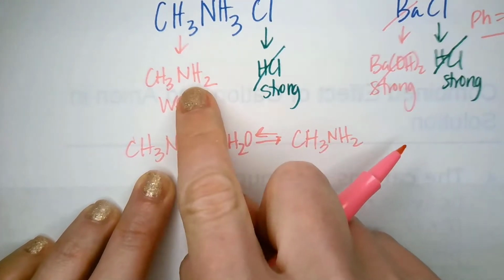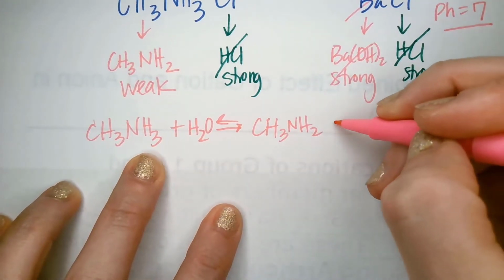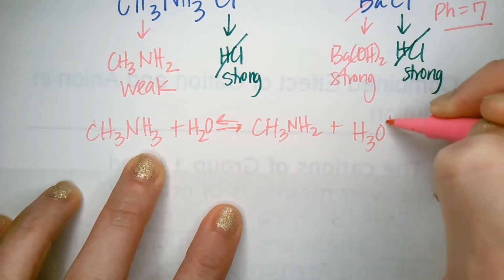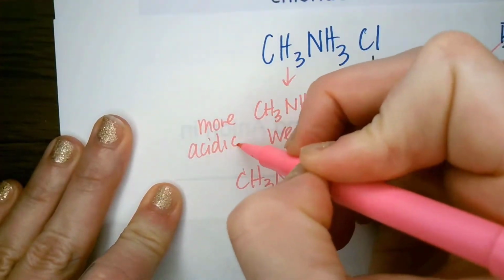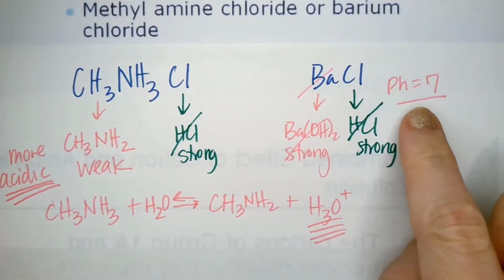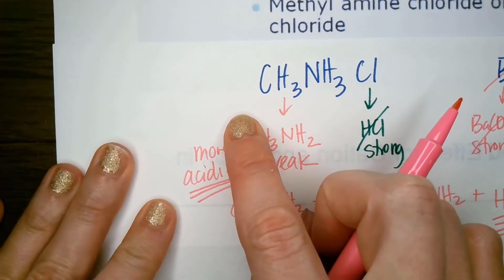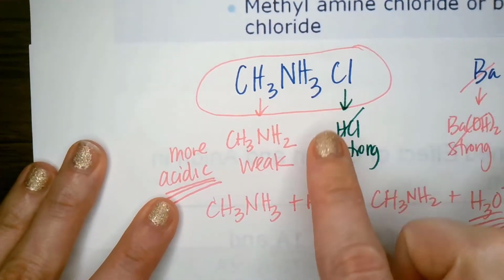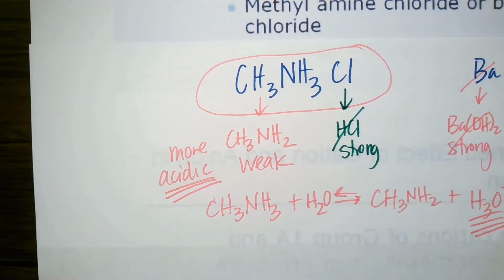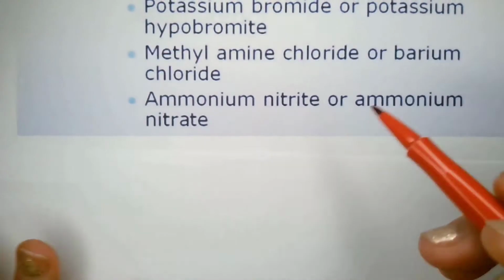It's going to make that parent base, CH3NH2, that we've just made up here. So it lost one of those H's. That means that we have H3O+. That means that this is going to be more acidic. So if we have a pH of 7 and we have one that's more acidic, it's going to be lower than 7. So therefore, this compound, our methylammonium chloride, will be more acidic.